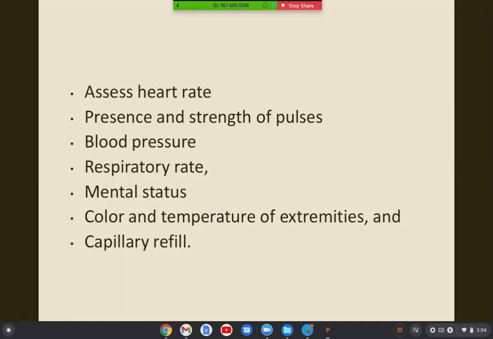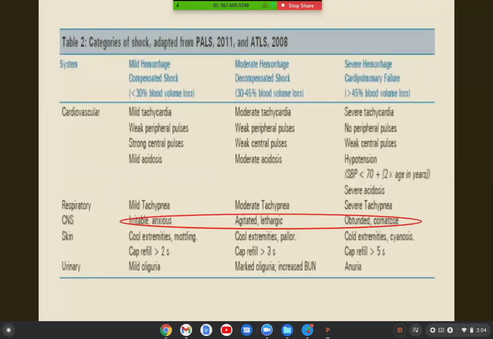Urine output is also a very important marker. This has been reinforced by Pediatric Advanced Life Support 2011 and ATLS 2008.